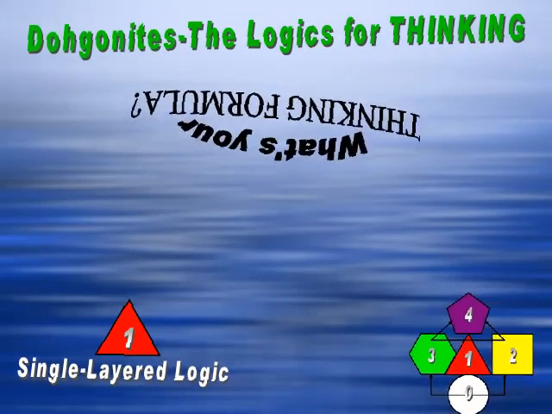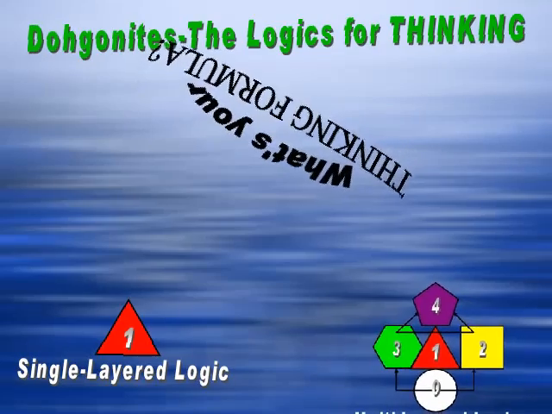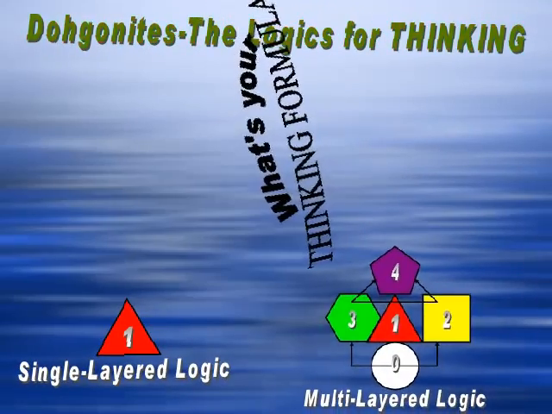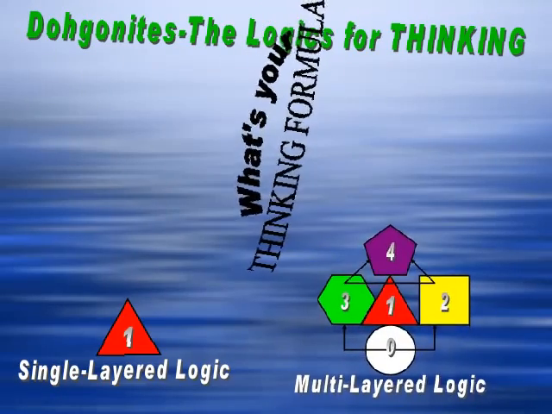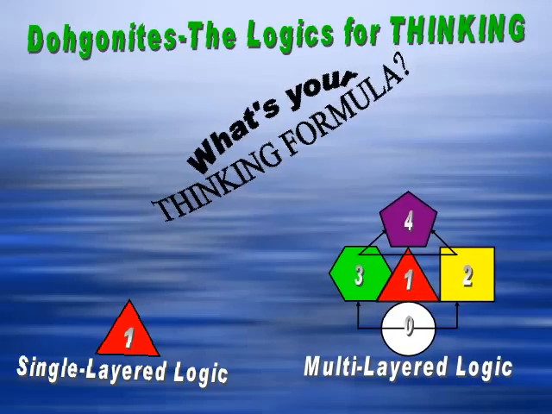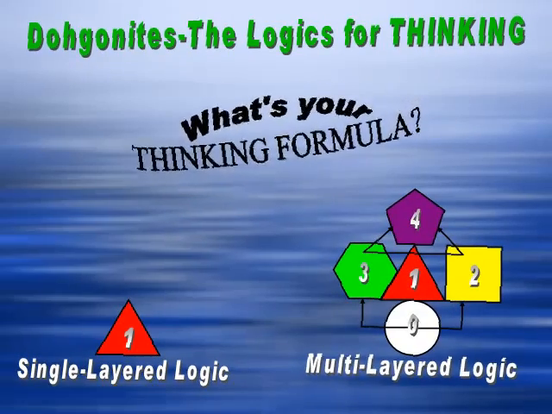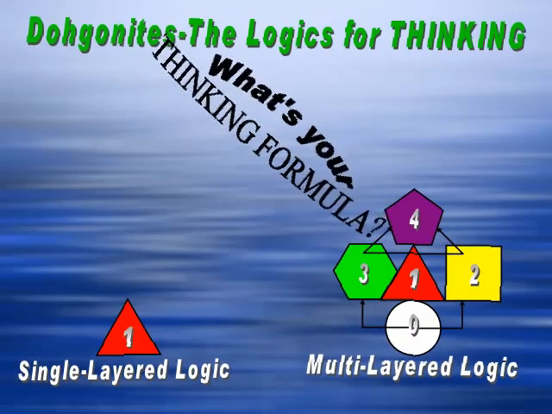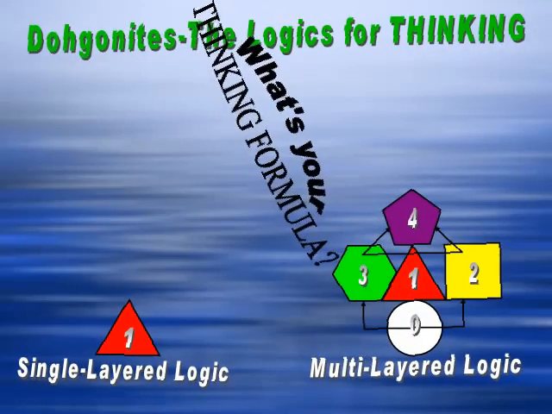Suppose you had a single layered logical matrix. Would you think a potential that's embedded in it will have much room for growth, development, and expansion? Also, if you had a single layered logic, would you have the duality of numerators and denominators?